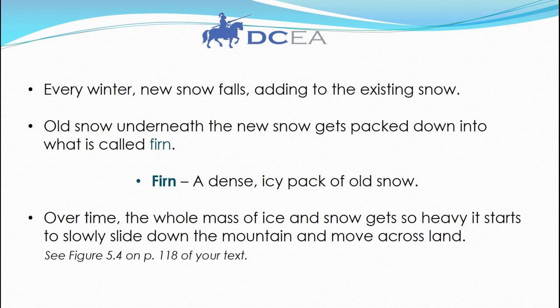Firn is a dense, icy pack of old snow. Over time, the whole mass of ice and snow gets so heavy, it starts to slowly slide down the mountain and move across land. Take a look at the figure on page 118 of your text. It's a great picture of this process.